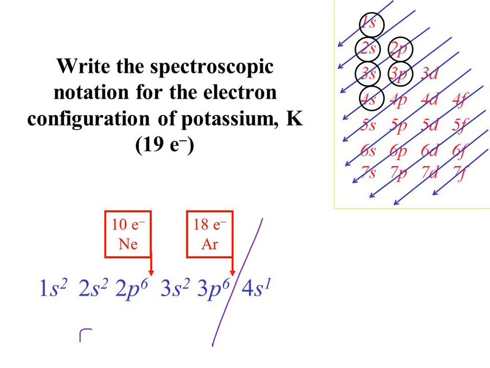So what you do is you write in brackets the symbol for the rare gas, and then beyond that you write what the electrons are. So it's 4s1. So you don't have to write the first one, you just write the last one.